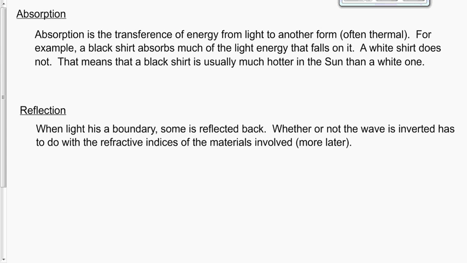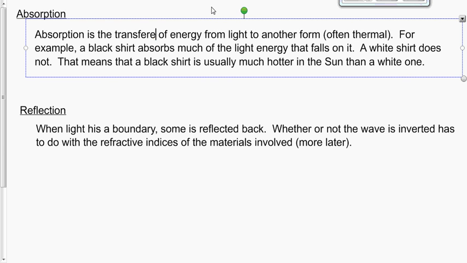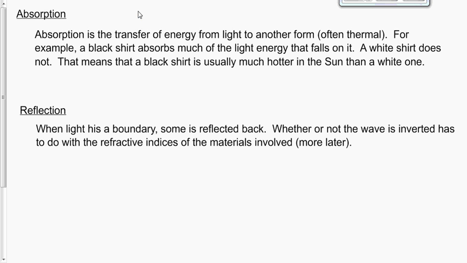But again, you definitely talked about this in grade 10 science. Absorption is the transfer of energy from light to another form of energy, and often that form of energy is going to be thermal. We might also talk about converting into electrical energy, like in solar panels.